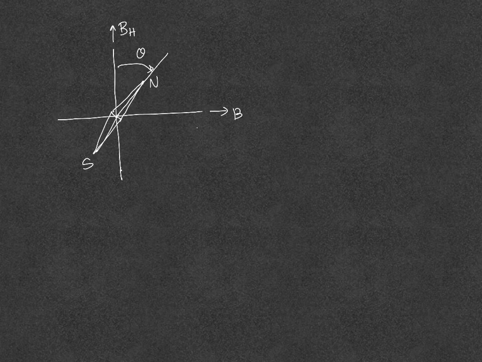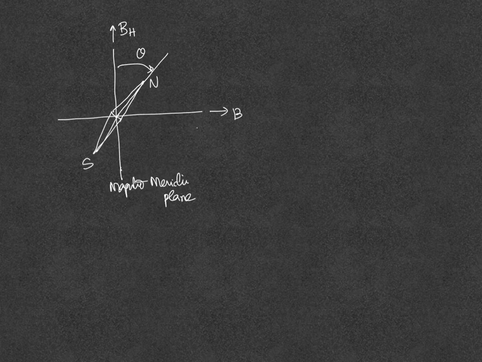Remember, this is the magnetic meridian plane. Now, what is the magnetic field B due to the coil? B is mu 0 N i by 2R, where N is the number of turns.